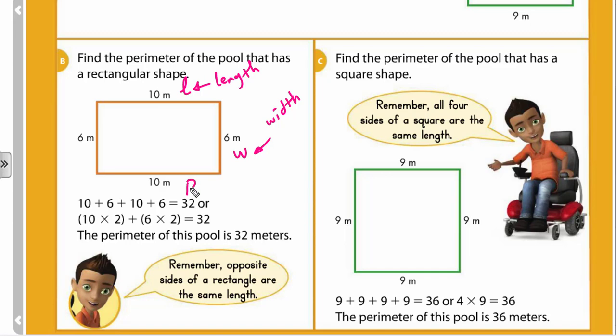Perimeter equals I will multiply the length by 2 and the width by 2. Then I will add the results of these two multiplications, the products.